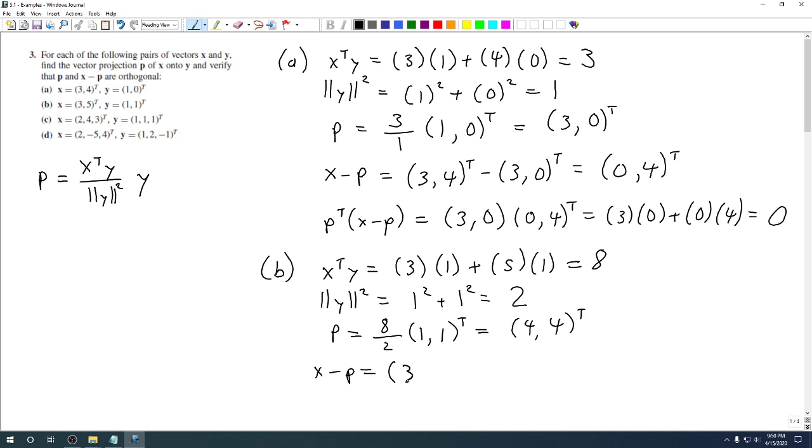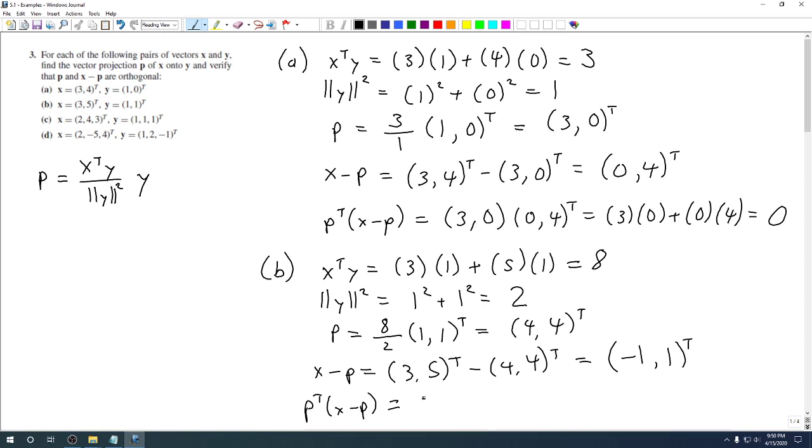Remember, x is 3, 5. p is 4, 4. So x minus p, we have negative 1, 1 transpose. And of course, we're going to check that these are actually orthogonal.